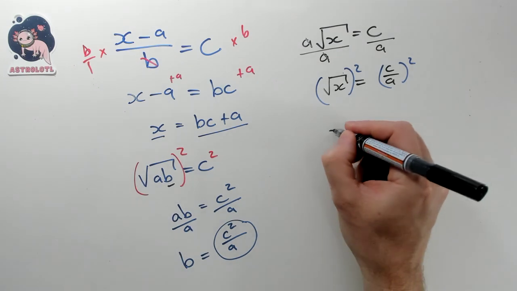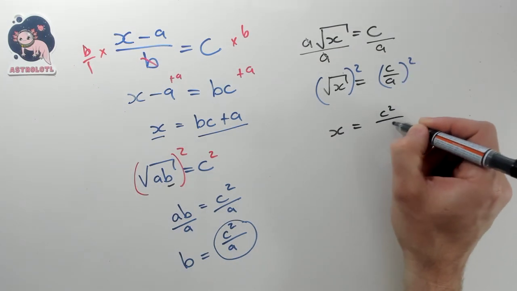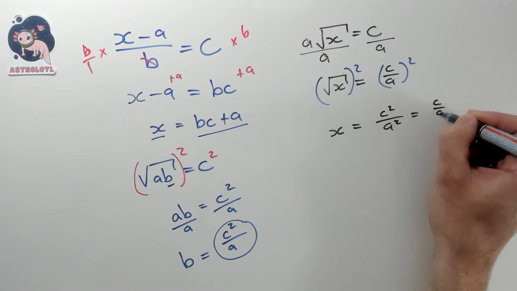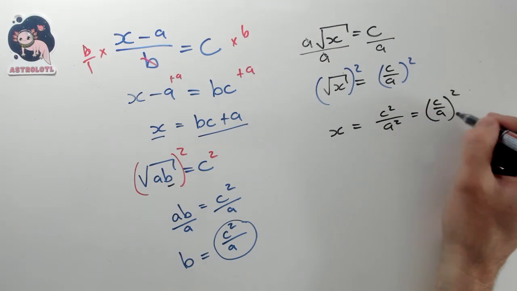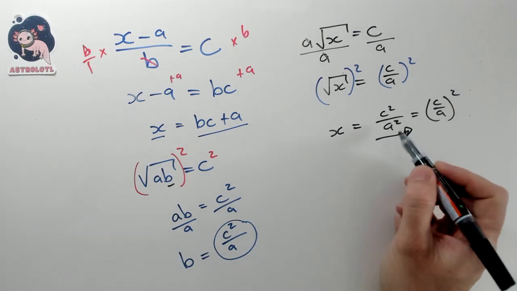So X would be on its own, and I can leave it like that, or C squared over A squared. It's the same thing. That's the same as C over A all squared. This would probably be preferred, but yeah.